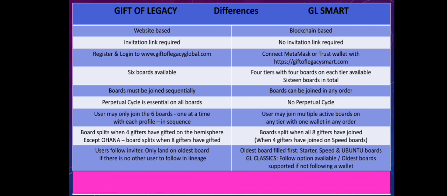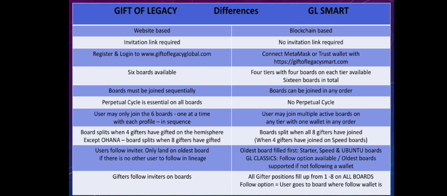Currently, only the GL Classics tier has a follow option. You do not follow a user, you are following a wallet. And if that wallet is not on a board where you are wanting to join, you will land on the oldest board. This way, both lineage and oldest boards are supported.